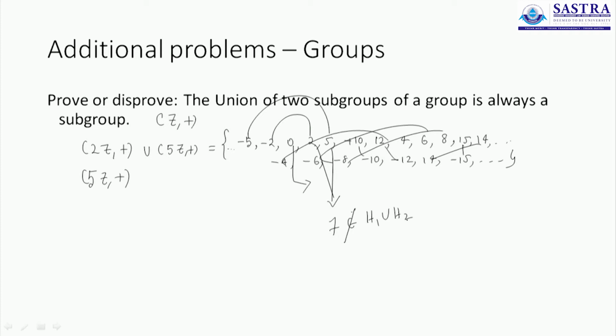But you see this is happening. You picked an element from the union, you picked another element from the union, you operated them both using the star, but the result is not present within the set. And hence this set is not closed, and hence H1 union H2 cannot be a subgroup, is not a subgroup.